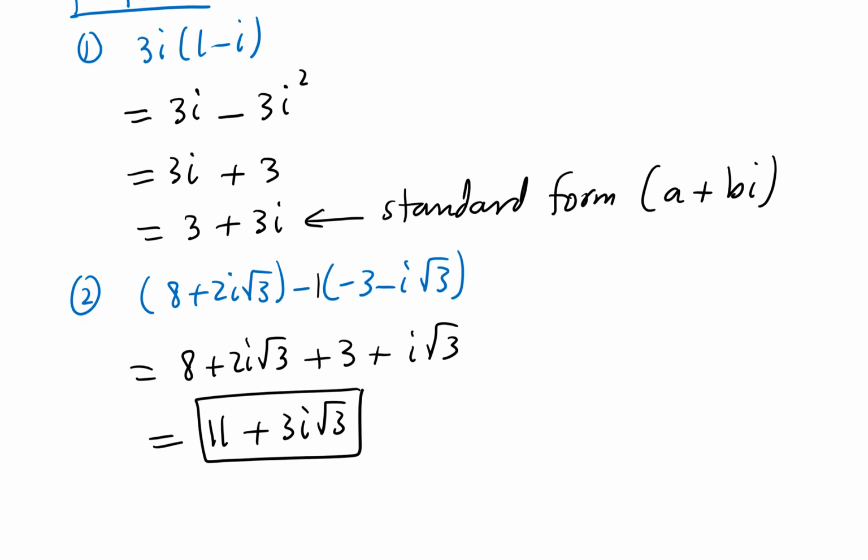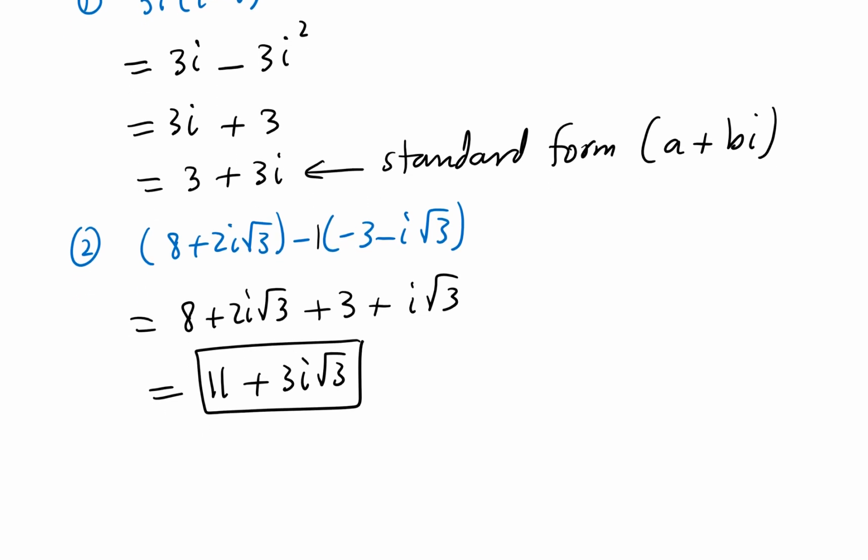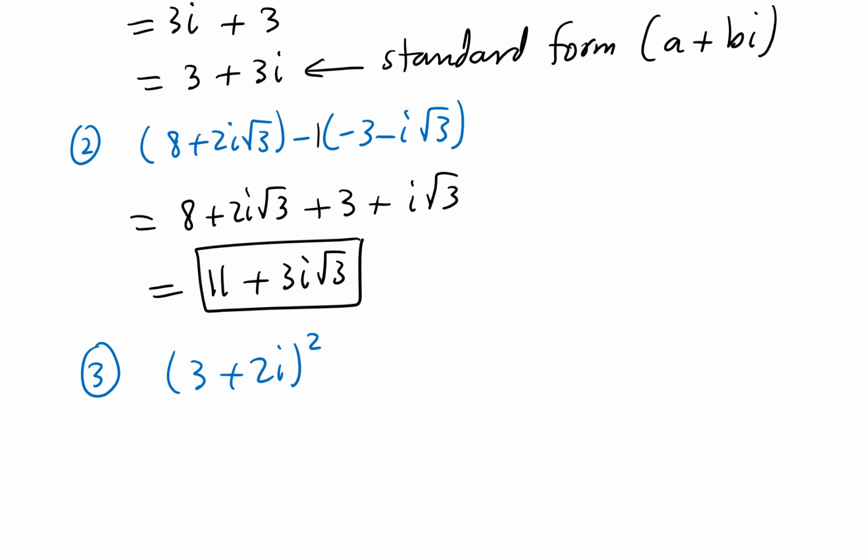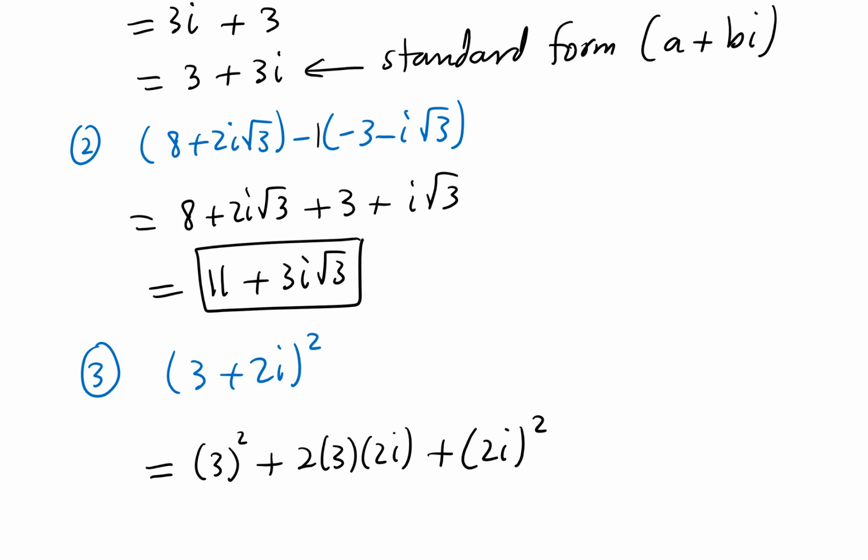How about 3 plus 2i squared? We learned before, if you have a plus b squared, the formula, very important, is a squared plus 2 times the first one times the second one, always plus the second one squared. A lot of students are going to write it twice and distribute it.